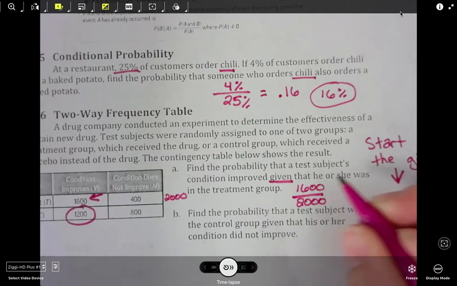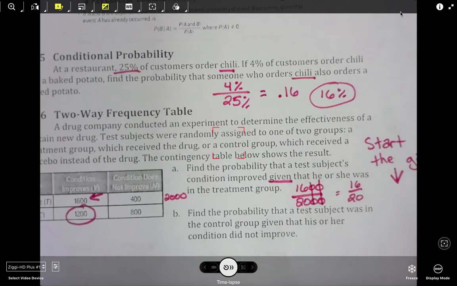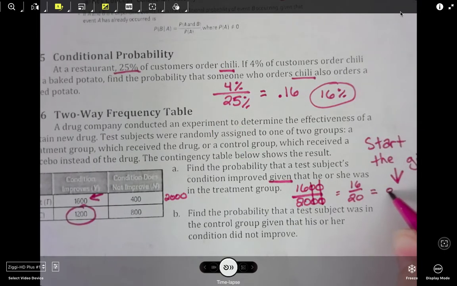I can reduce that if I drop off a 0 on each one. So that is 16 over 20. As a decimal that's like 80%, or 0.8. That is my probability. 80% of the people that were in the treatment group said that they felt better. Okay, 20% said they didn't.